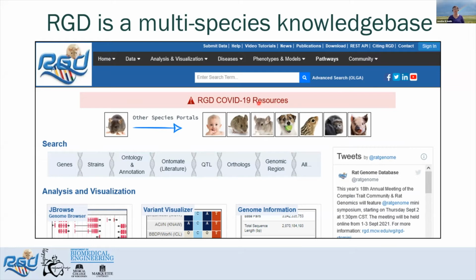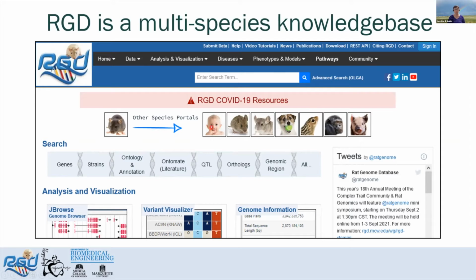But for researchers looking specifically for data for other species or interested in doing analyses for data in other species, we supply species-specific landing pages, and they're accessed by clicking on a picture of a species that you're interested in on the home page.